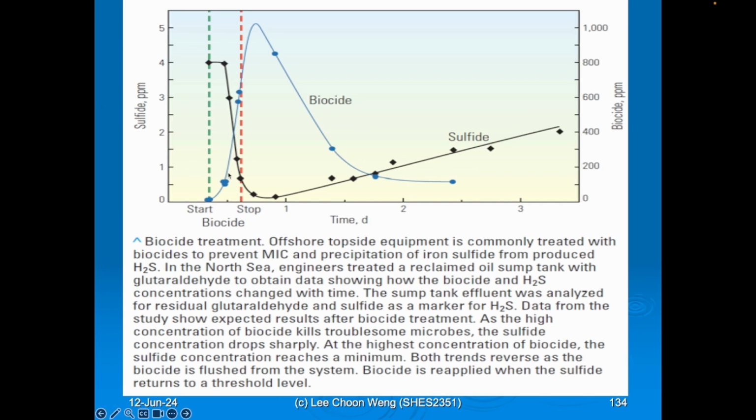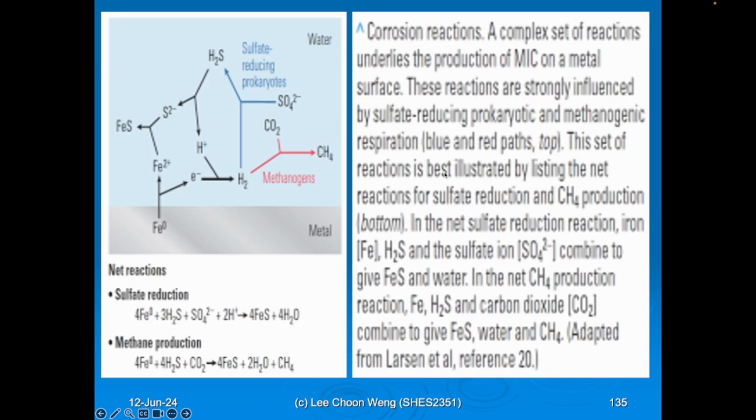However, when biocides are released into the piping system, you can see that the amount of sulfide reduces. Then when biocide treatment is stopped, the biocide concentration decreases, while the bacteria start sulfate reduction again, and you can see sulfide increases again. So the corrosion reaction is dependent upon sulfate reducing bacteria.